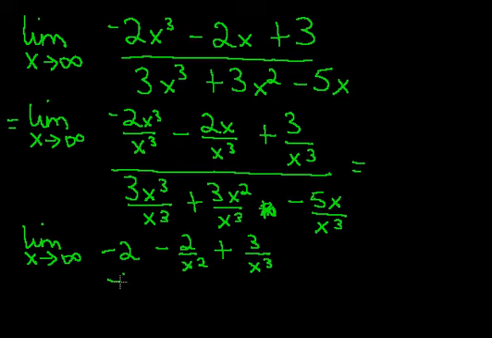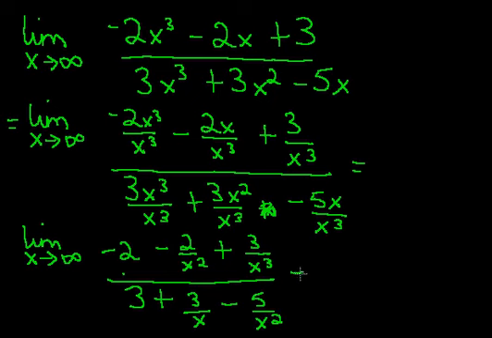And this is all over 3x cubed over x cubed, which is 3. 3x squared over x cubed is 3 over x. And minus 5x over x cubed is minus 5 over x squared.